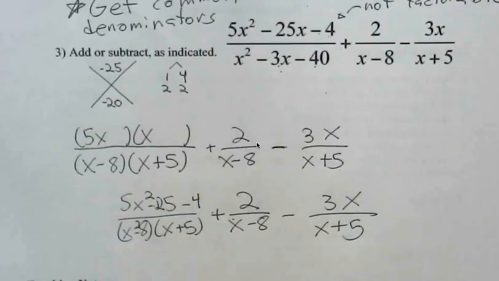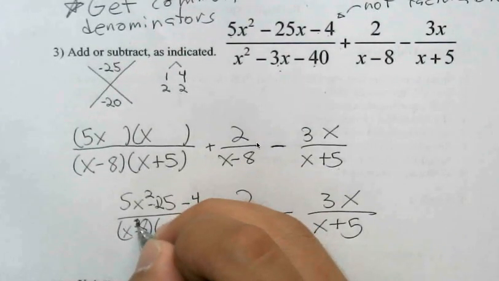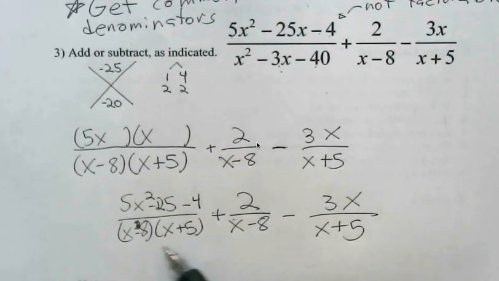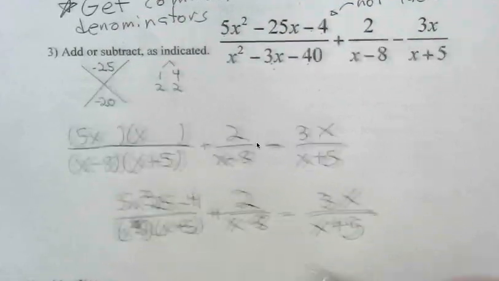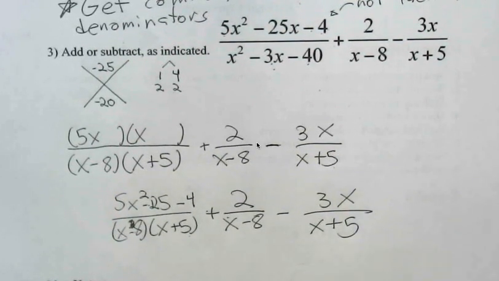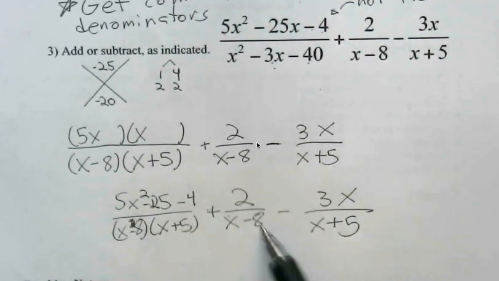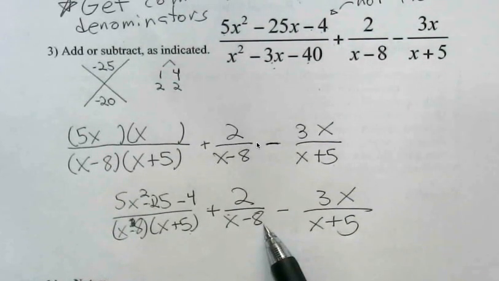Again, we're trying to get common denominators. We already have x minus 8 and x plus 5 in this one fraction. The creators of this problem were nice enough to use those denominators again here and here.